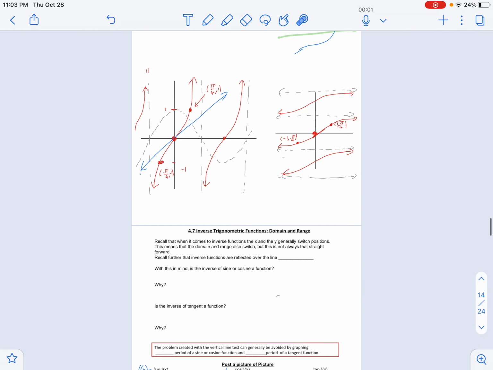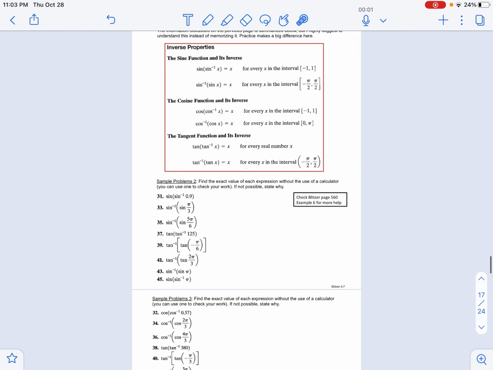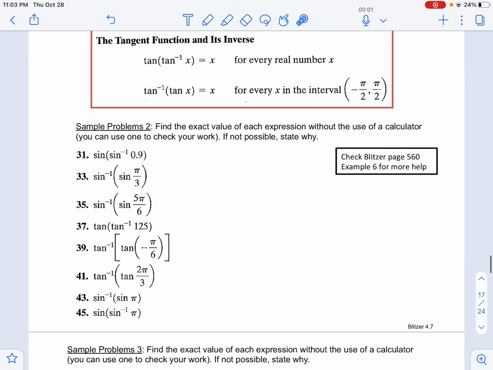So I wanted to do one more example with you with something a little bit tougher, like down here. So we have sine of arc sine of 0.9. I mean, this is not something you're familiar with, right? But think of it this way. We can create a triangle that represents this. The triangle looks like it's positive, so in the first quadrant.